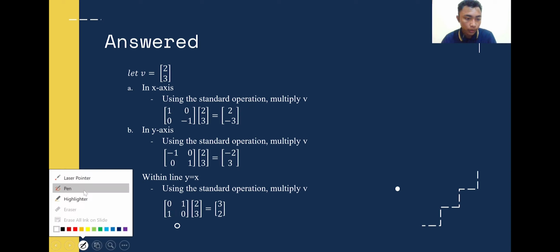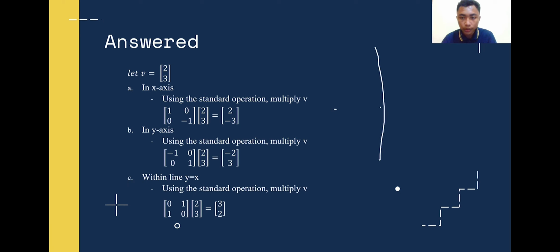Why is that? Because if we draw again, the line y equals x will be like this. So if we have this point, the reflection will come here.